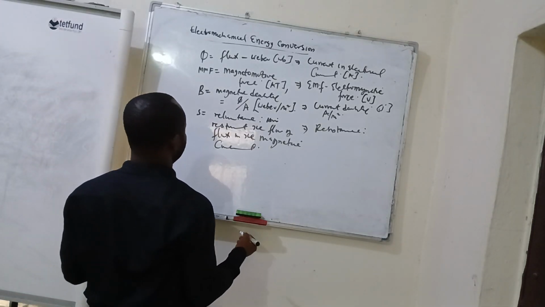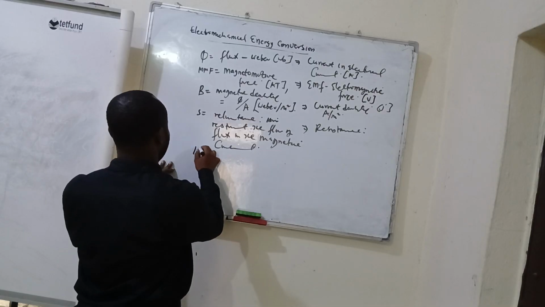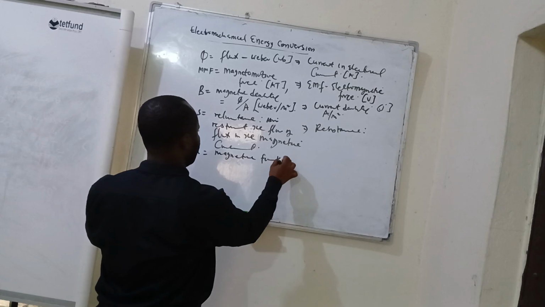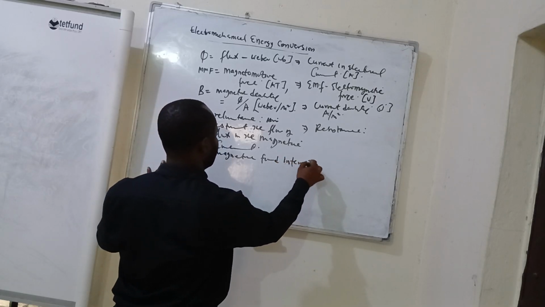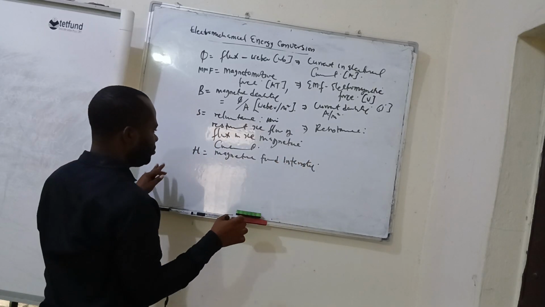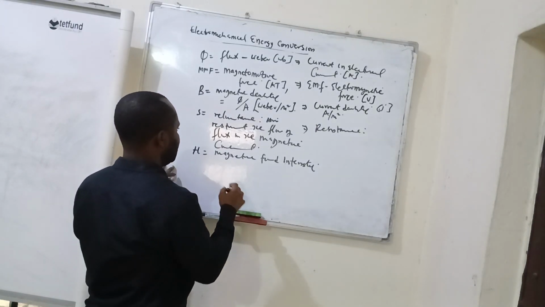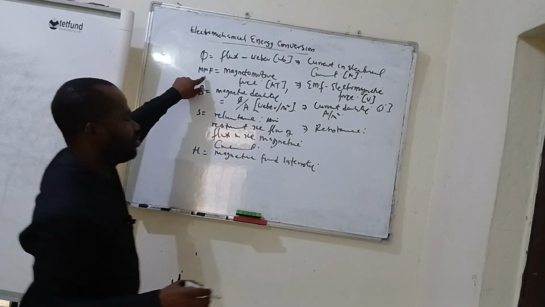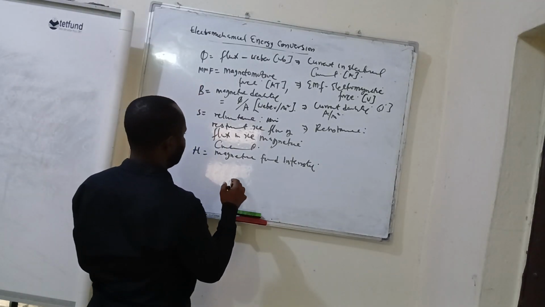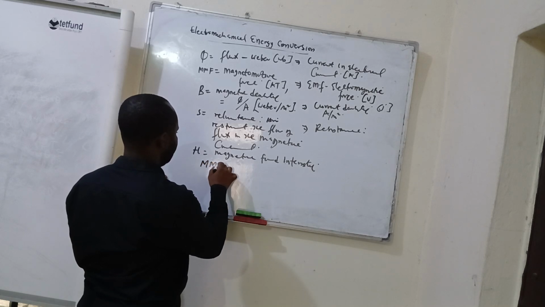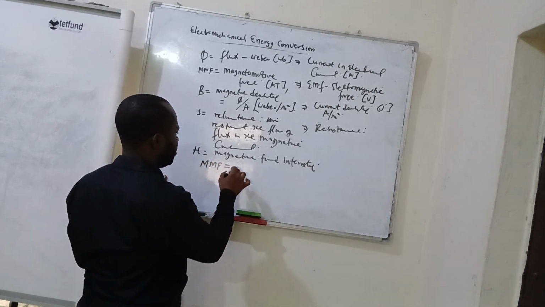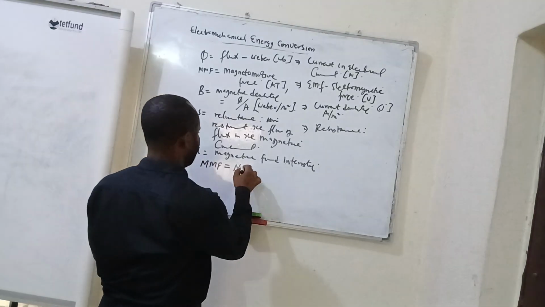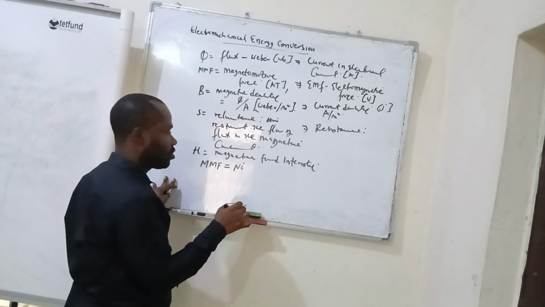Now we have what we call H, magnetic field intensity. It's always H. And magnetic field intensity is actually related with MMF. So we can have this equation that MMF is equal to the number of turns in the circuit multiplied with the current flowing in the conductors.